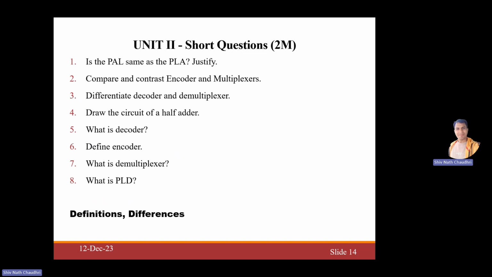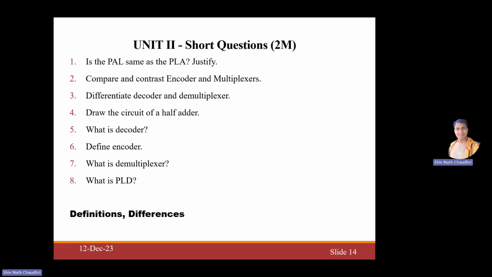The first question is: is PAL the same as PLA? Justify. These two are programmable logic devices, PAL and PLA, and you have to differentiate between them. The second question is compare and contrast encoder and multiplexer. The third is differentiate decoder and demultiplexer.